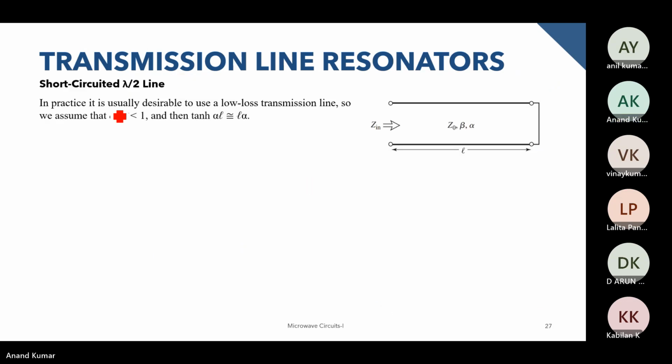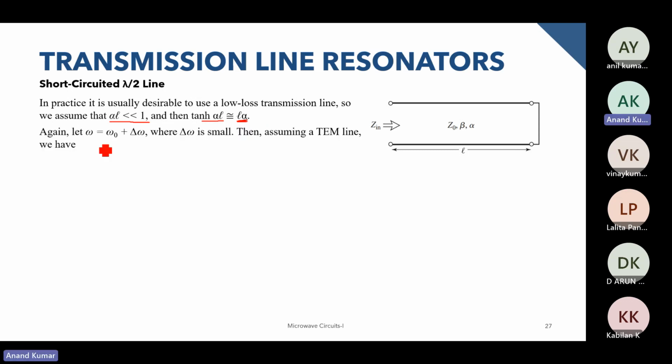Now, in practice, since the transmission line is usually low loss, alpha L is much smaller than 1, so we can approximate tanh alpha L as just alpha L. For small values, tanh becomes very linear. Using this, omega naught is our resonant frequency, and delta omega is much smaller than omega naught.